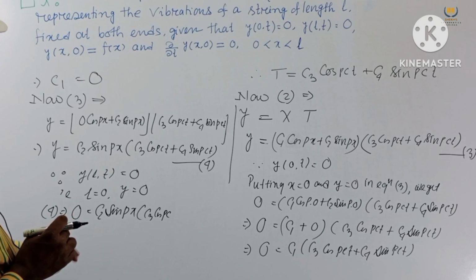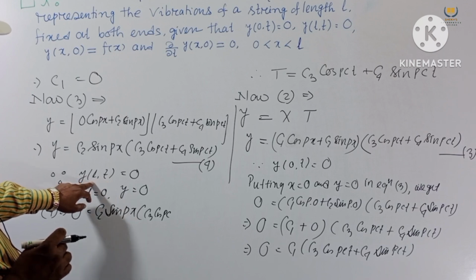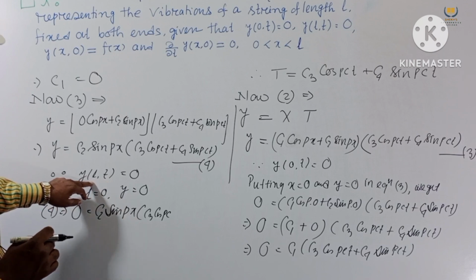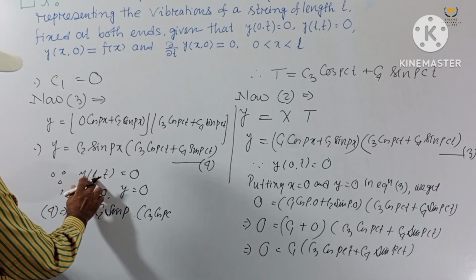Our condition is y of L comma t equal to 0, that means x equal to L. So I am putting x equal to L, and t equal to t.